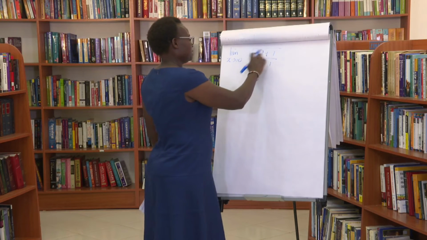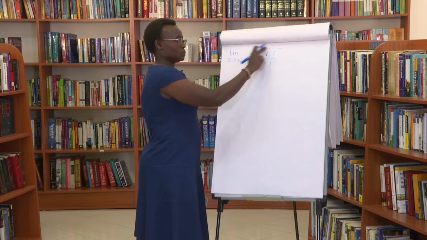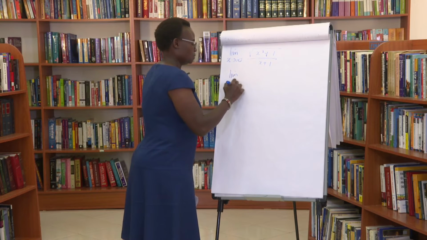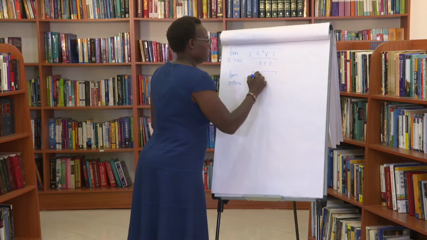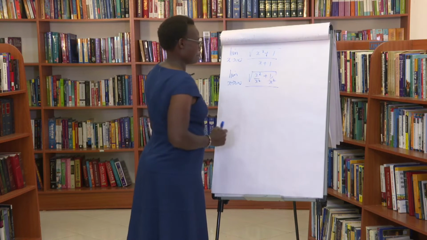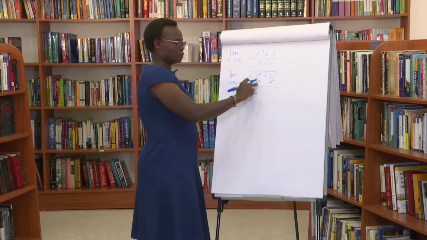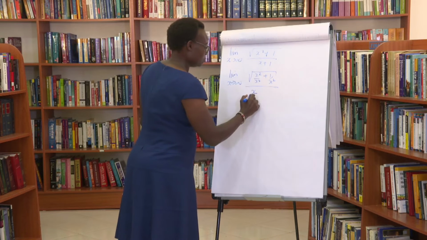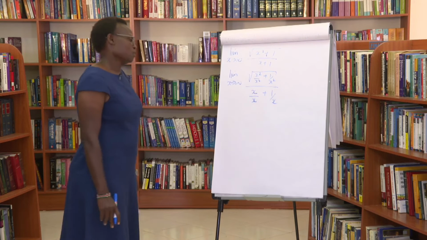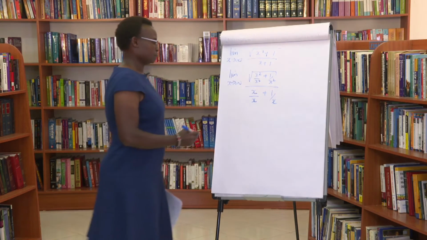We divide everywhere by x, but remember that this is a root, so that will give us the limit as x tends towards infinity of the square root of x squared over x squared plus 1 over x squared, over x over x plus 1 over x. This is the root of x squared, so that implies that we are dividing actually by x. So this will give us 1 plus 0, which will give us 1.